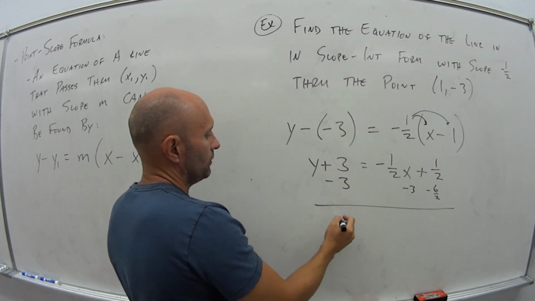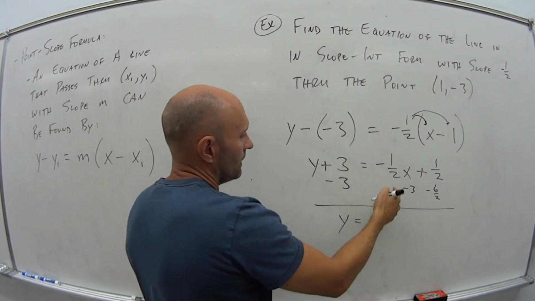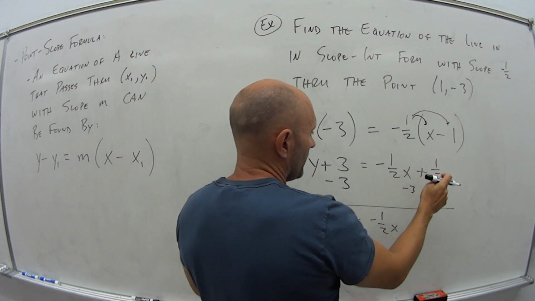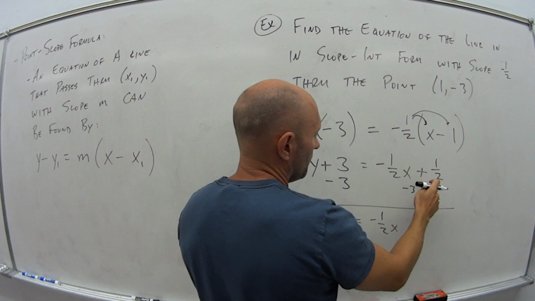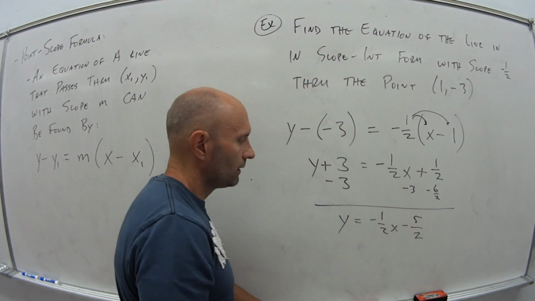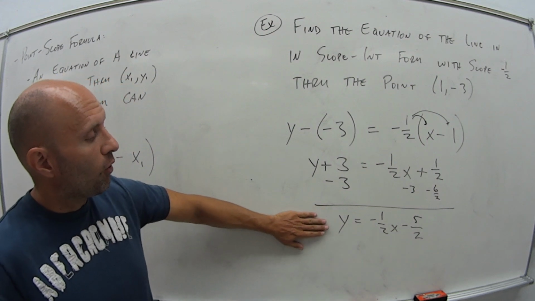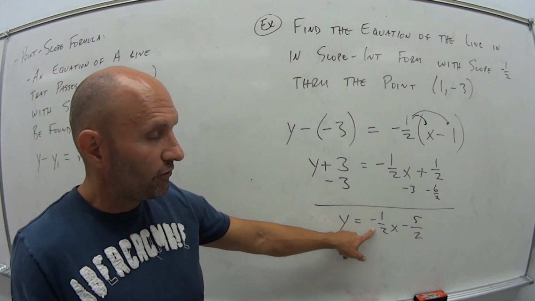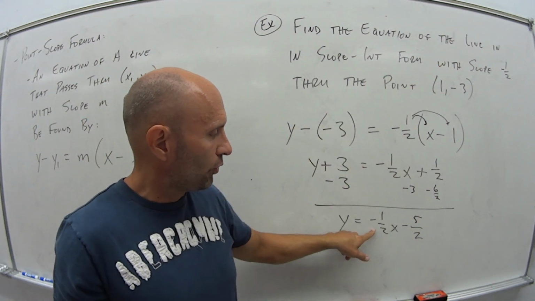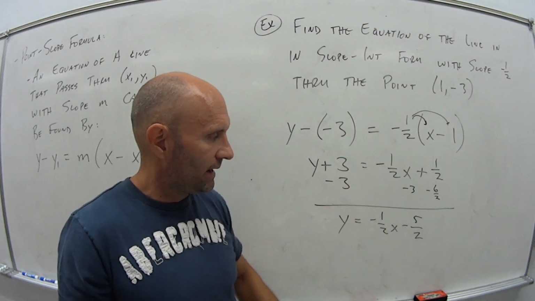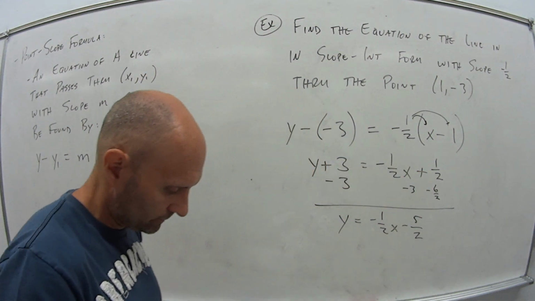So the left side, the 3's are gone. I get y equals -1/2 x, 1/2 minus 6/2. So 1 minus 6 is -5 all over 2. So in slope-intercept form, that's my answer. My slope is -1/2, which we were told in the problem, and the y-intercept is at 0, -5/2.